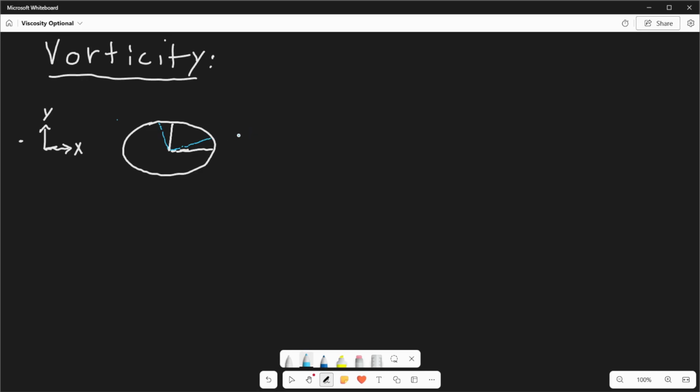And each of these rotations is going to be spanned by an angle. This is going to be delta, I'm going to call it x. And this angle is going to be delta theta y.